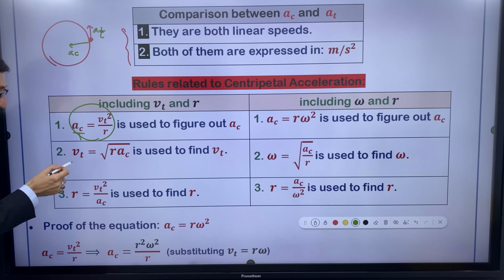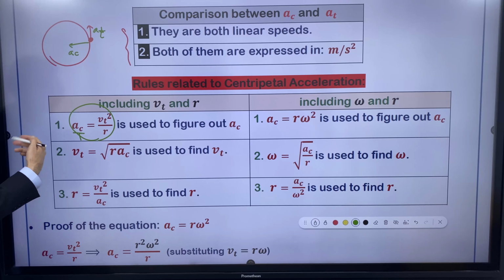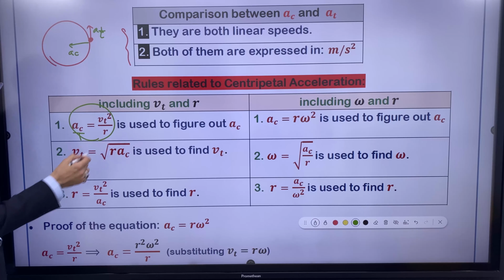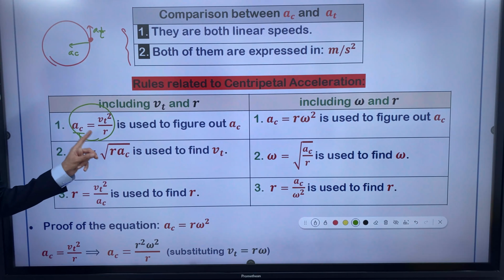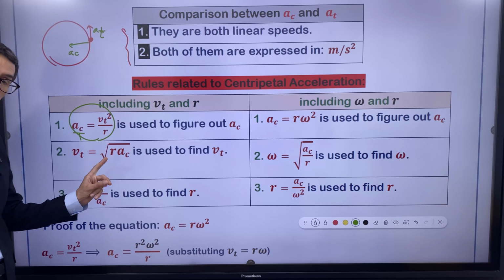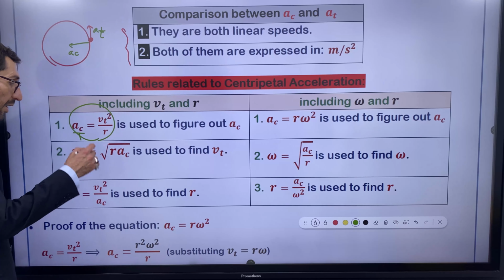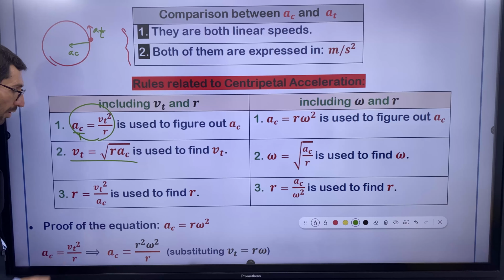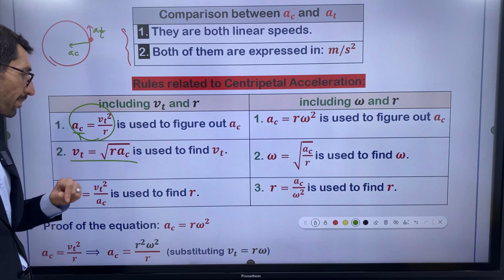Because VT is squared, whenever you want to remove the exponent, you have to write the radical, and R and AC are multiplied by one another under the radical. So VT is equal to radical RAC. This is the rule for finding VT.